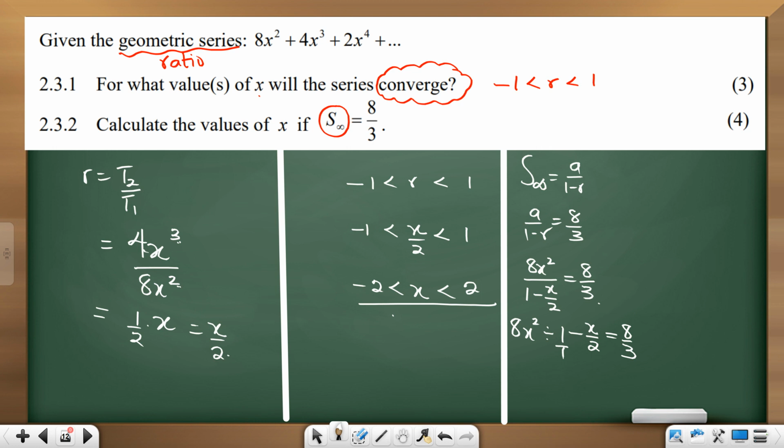Don't forget that, it works that way a lot of times. Leslie, you also did it this way. Beautiful. 8x squared, I'm still using divided by, right? Diagonal, 1 times 2 is 2, minus x times 1. x over 2 equals 8 over 3.